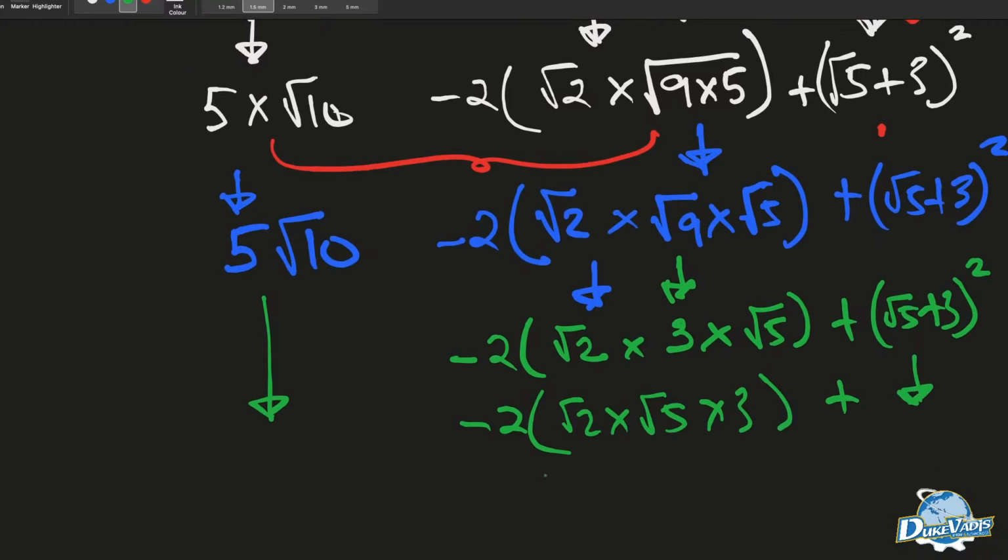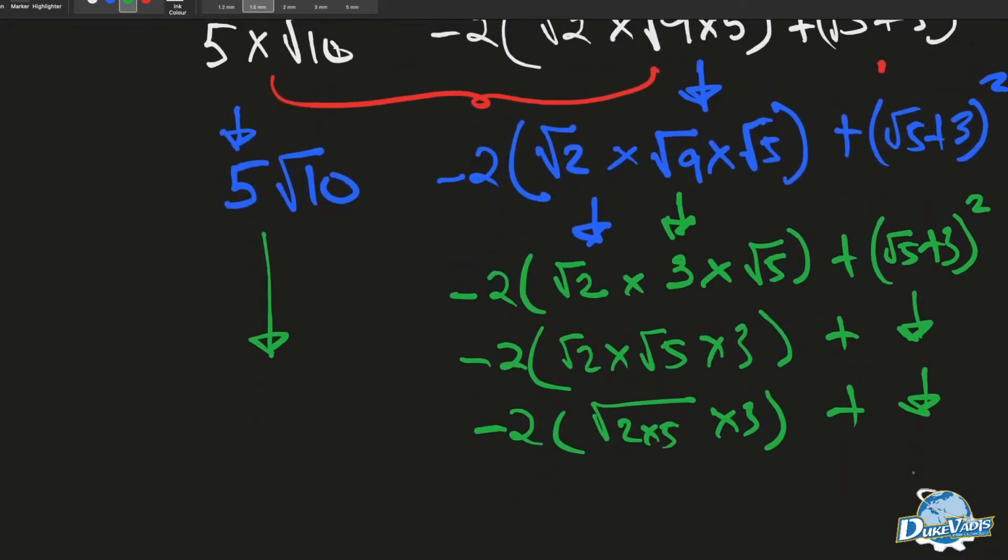Now this will give me minus 2 into bracket, surd 2 times 5 times 3, plus that. So 2 times 5 will give me 10. So minus 2 out, surd of 10 times 3.